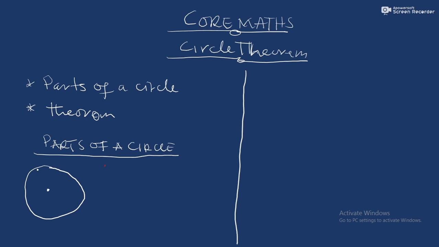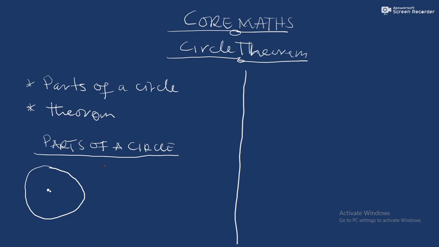The circumference is just the length of the boundary of a circle. The boundary of the circle is what we call its circumference. Any distance from the center to the circumference is equal.